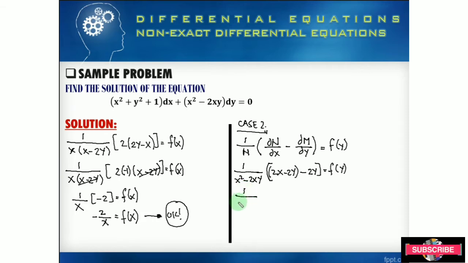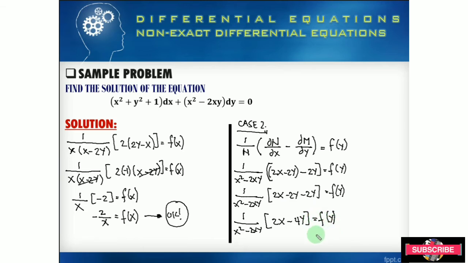Proceeding, 1 over x squared minus 2xy times this, we have 2x minus 2y minus 2y, equal now to f as a function of y, and this is times this 2x minus 4y, equal now to f as a function of y.